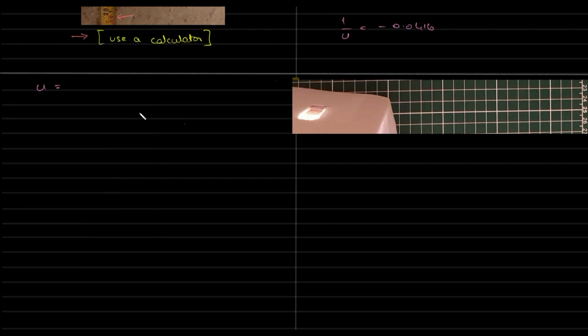This is approximately 24.00 centimeter. All this is approximated. You can clearly see my photo and my setup is not that exact. By the way, minus, don't forget that it's a real image. Now, this is your practical answer, guys.